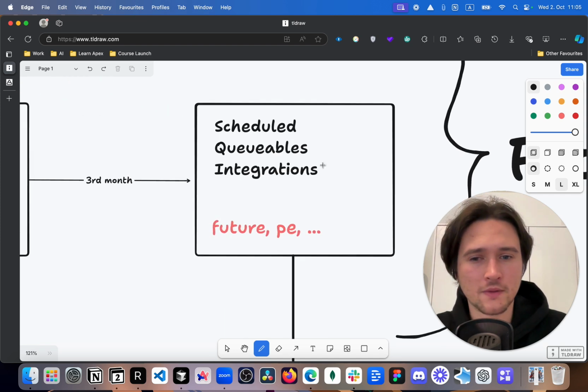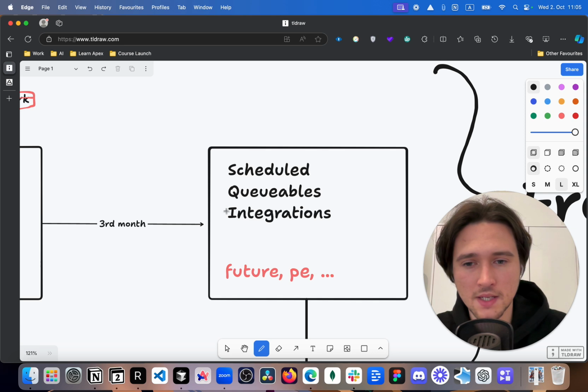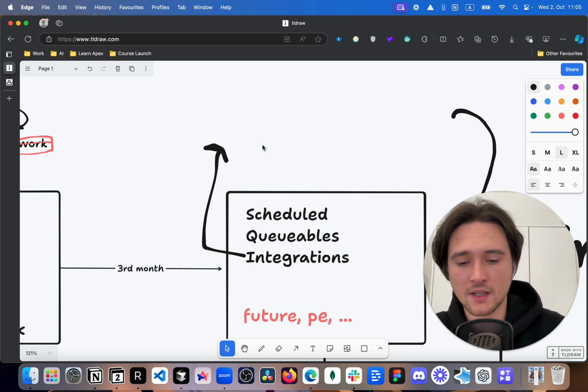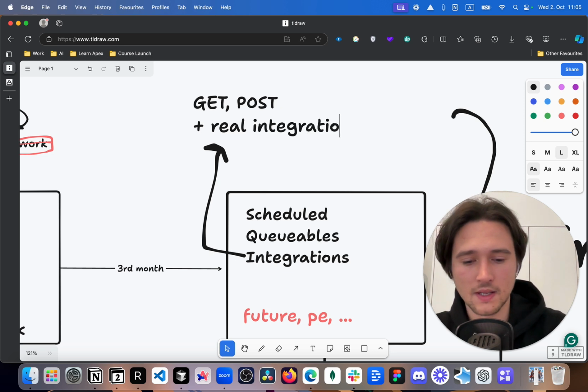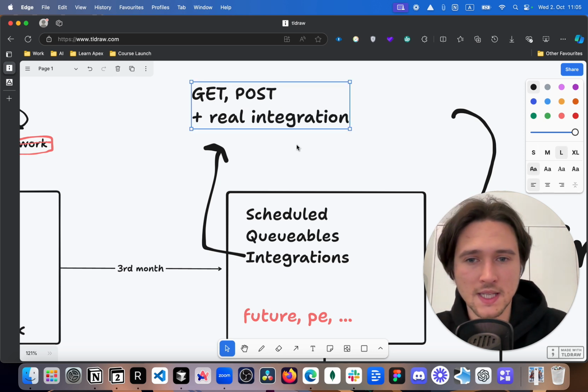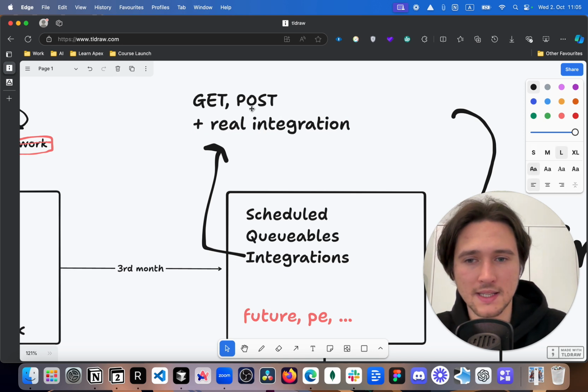Maybe one more important word about integrations. You need to understand GET, POST things, and you need to do real integration. What I found is that people who do real integration, it starts clicking for them.